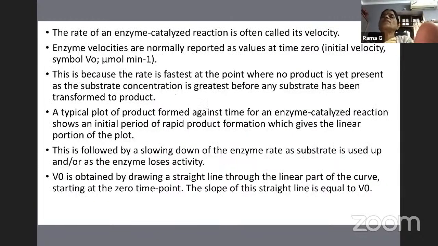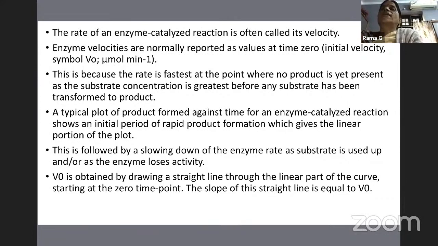Next, the rate of an enzyme catalyzed reaction is often called its velocity. What is velocity? It means the rate of an enzyme catalyzed reaction. That means the rate at which the enzyme catalyzes the substrate is often called the velocity of that enzyme.